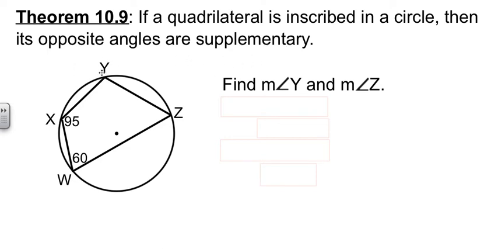Okay, I'm going to give you a little hint about how to prove this because I have this funny feeling you're going to need to at some point. I don't know where these ideas come from. If we look at angle Y, it cuts off this big arc from X to Z. If we look at angle W, it cuts off the smaller arc from X to Z. Well, together, those two make a whole circle.